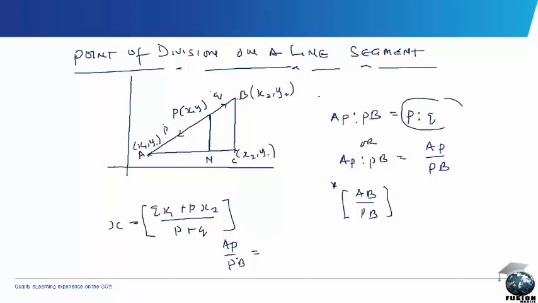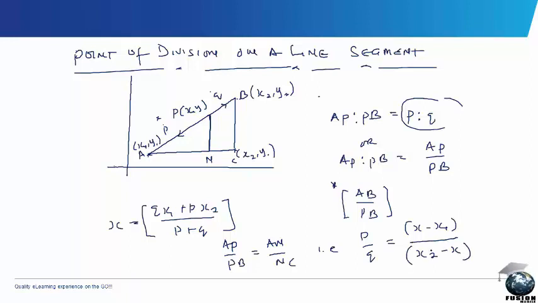We're only saying that AP over PB must share a direct relationship with AN over NC. That is to say P over Q, because AP is equal to P, distance PB is equal to Q. And then AN is x minus x1, as we've said previously, while NC is x2 minus x.